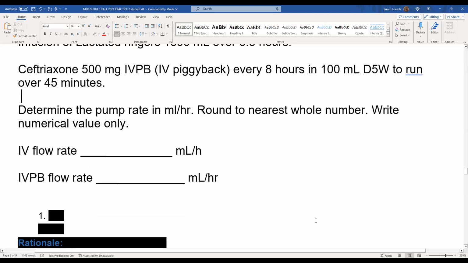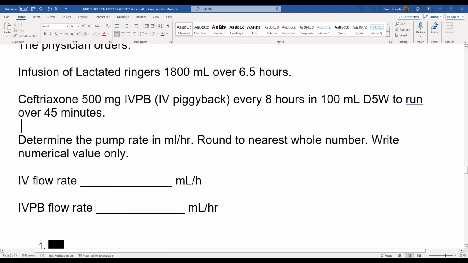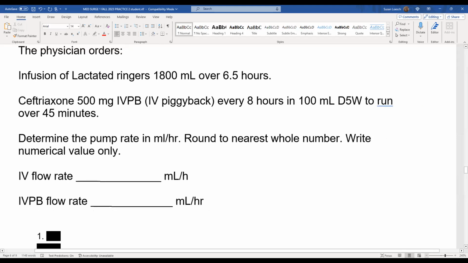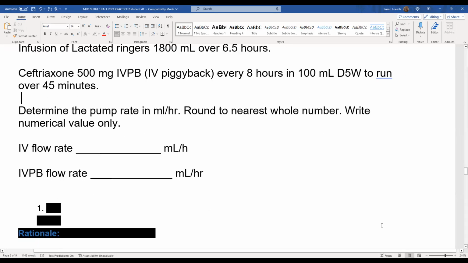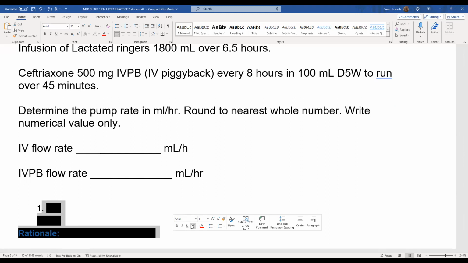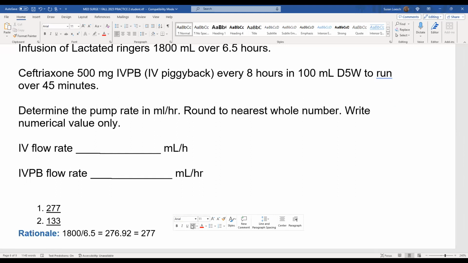How we doing? The IV flow is 277. Yes, 277.